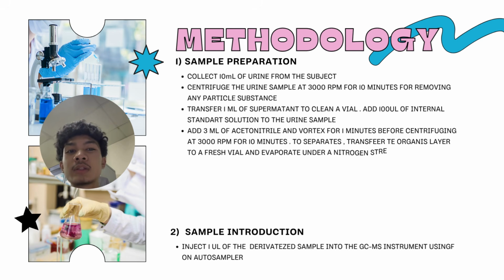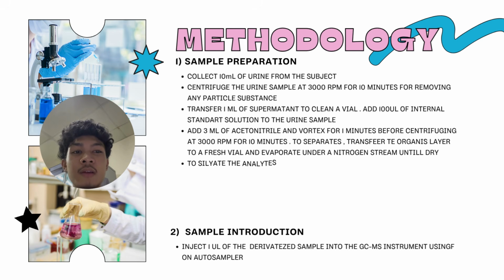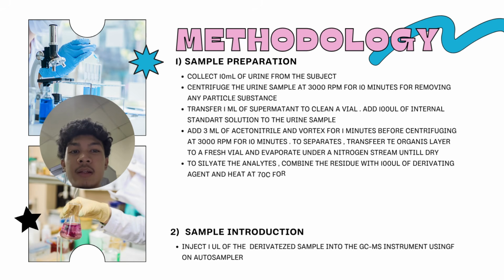The organic layer was transferred to a clean vial and evaporated under nitrogen until dry. Finally, the dried sample was mixed with a derivatizing agent and heated at 70 Celsius for 30 minutes to prepare it for analysis.